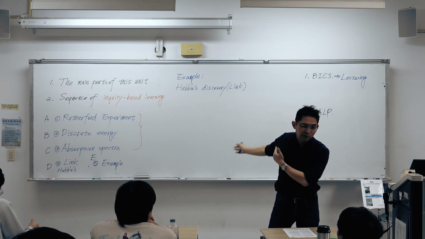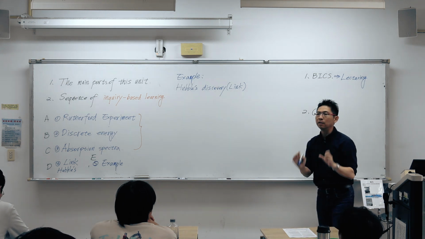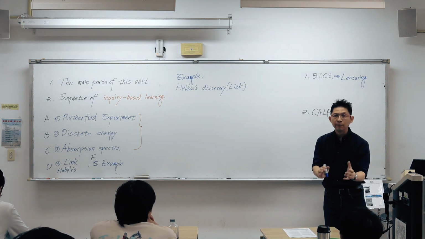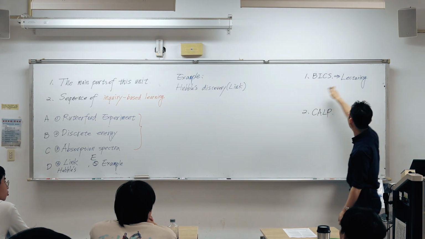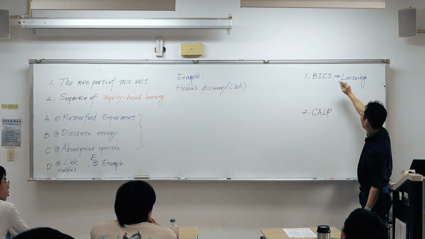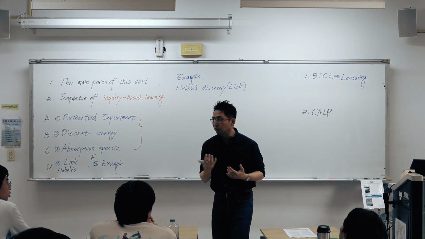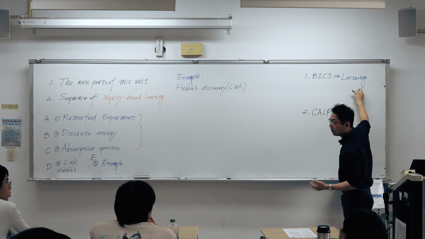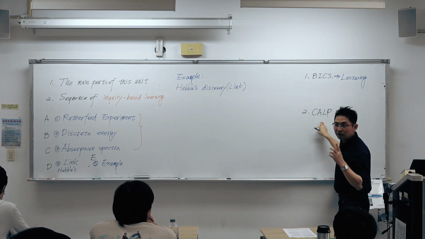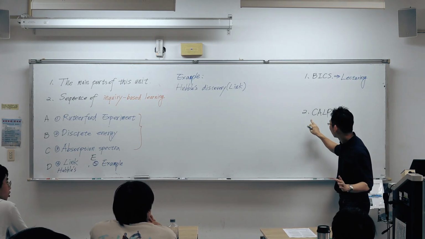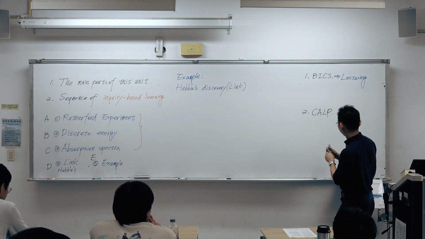Think about the question, pair up with your neighbor, sitting knee to knee or shoulder to shoulder, to discuss that. They are BICS for lecturing. So we always need to use more social language for lecturing. But for CALP, we still need to teach academic language to students, right?